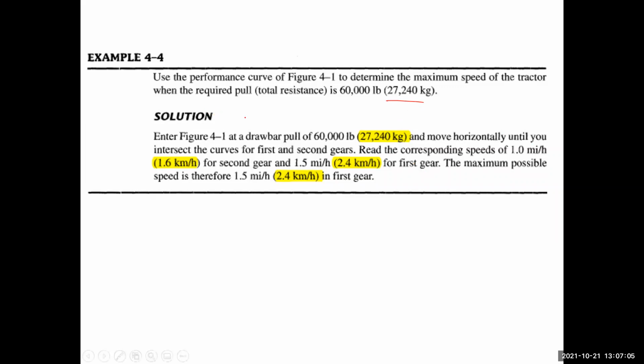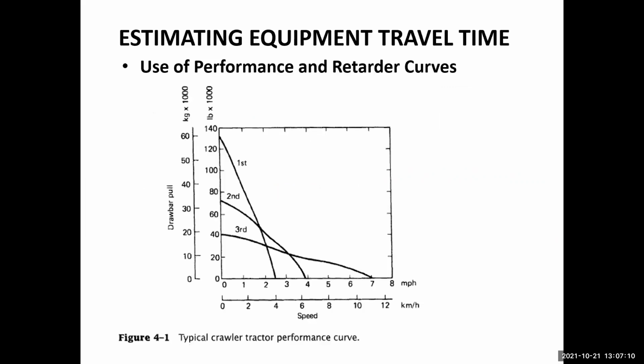So if this crawler tractor pulls 27,240, what is the required speed in this case? 27,000 will be somewhere here. It will touch somewhere here, and then on the horizontal axis it will touch like this. It will show that the speed will be this much, which will be given over here.